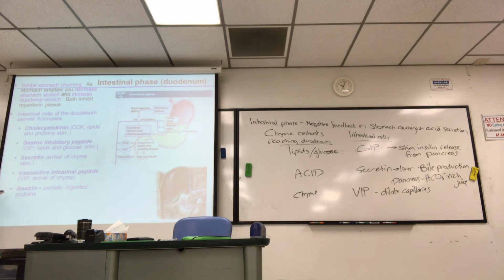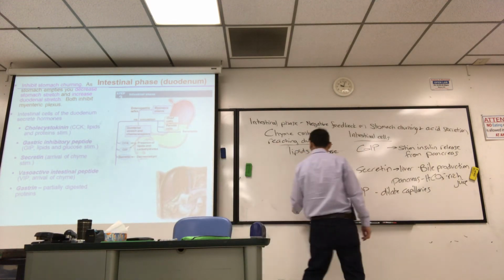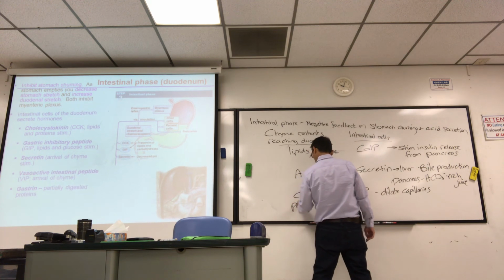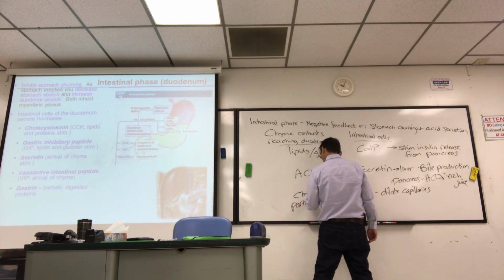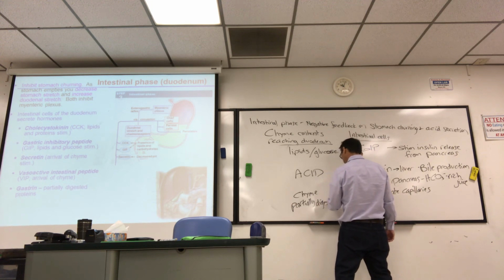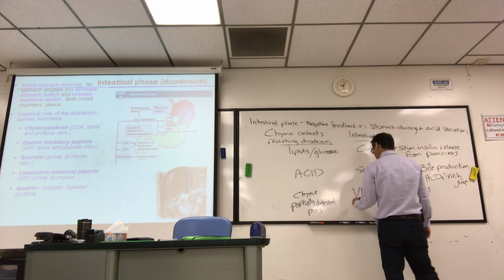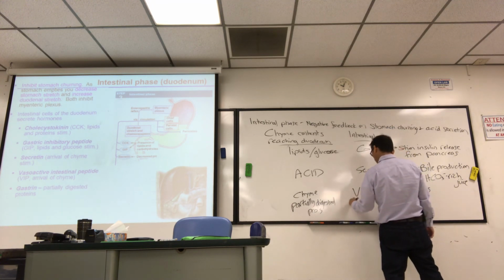And the last one is if the food that reaches the intestine is barely digested. If partially digested proteins reach the duodenum, so I'll squeeze it down at the bottom here, partially digested proteins, then you get more gastrin.